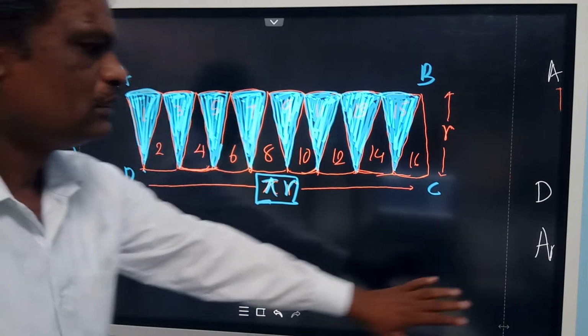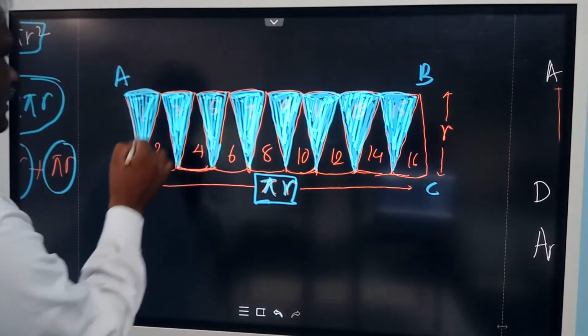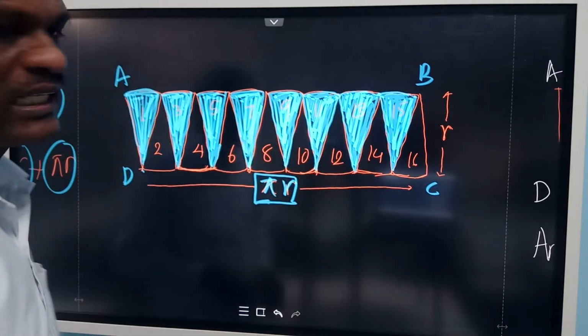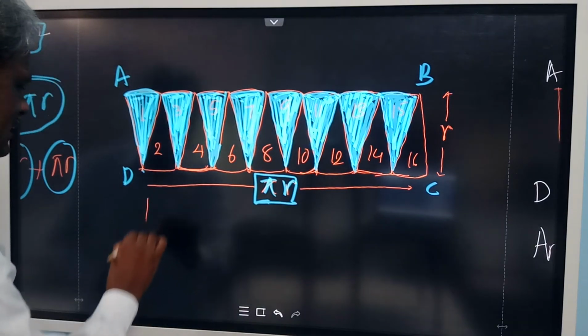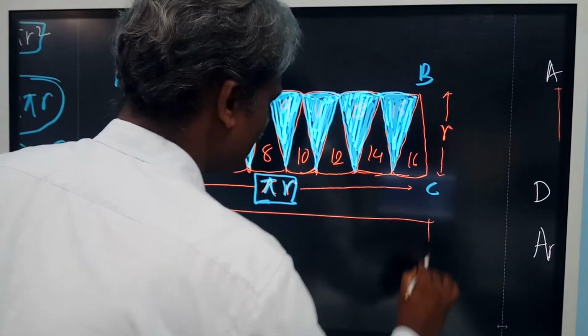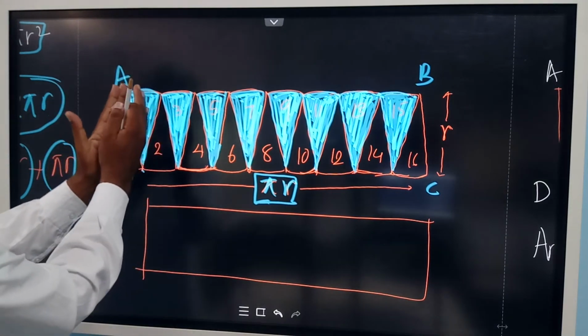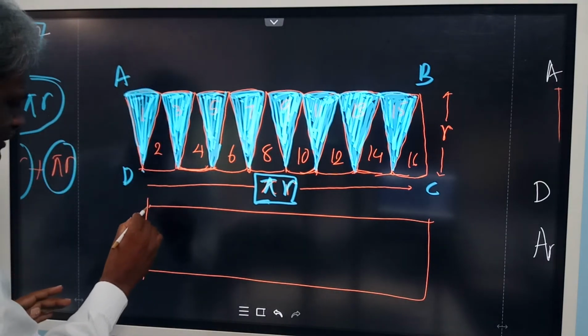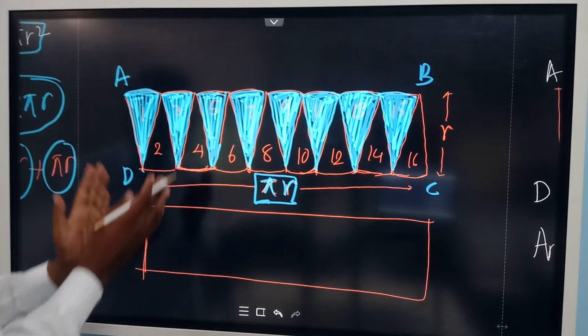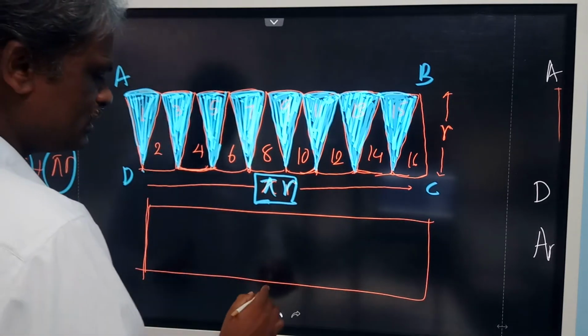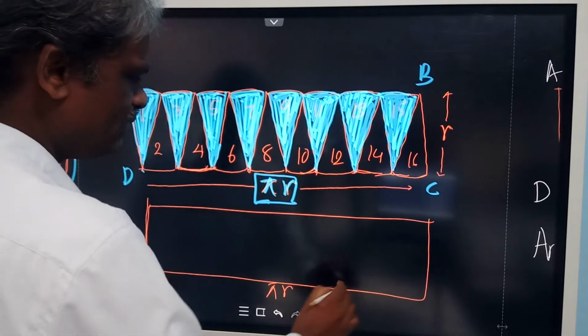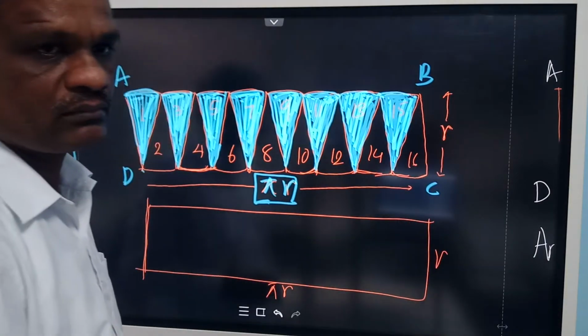So now if you divide this into 16 parts, you get something like a parallelogram. If you divide this into an infinite number of parts, then you will get almost a rectangle. This portion becomes smaller and smaller. If you divide into very small sectors, then it looks like a rectangle with this length pi r and this length r only.